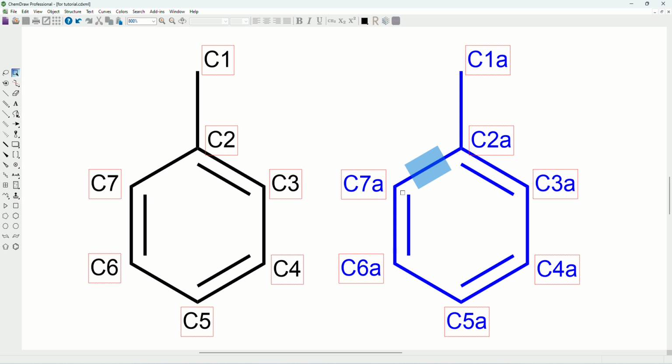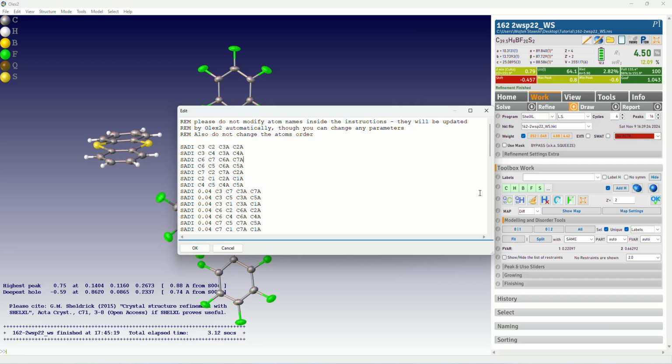For example, if you have something like a benzene ring with six-fold symmetry, I prefer to write down restraints by myself because I think this way they are more chemically correct. I usually only use Olex when I split and decide to use SAME, and then I let it do whatever it does.